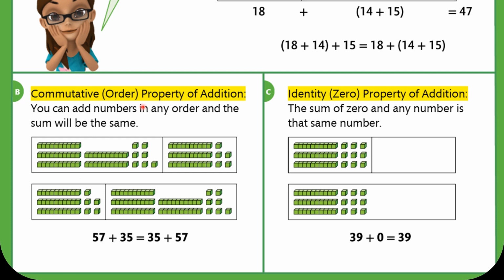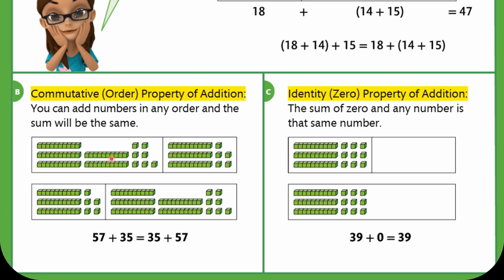Okay, so once again, we've got another familiar one, the commutative or order property of addition. That's talking about the order that they come in as far as when they show up in our equation or expression, okay? And it just states you can add numbers in any order and the sum will be the same. So if I've got 57 plus 35, it's going to equal 35 plus 57.